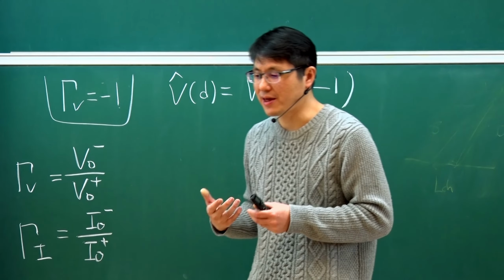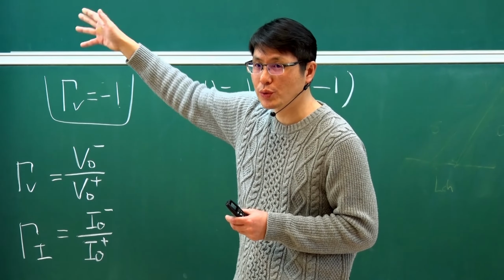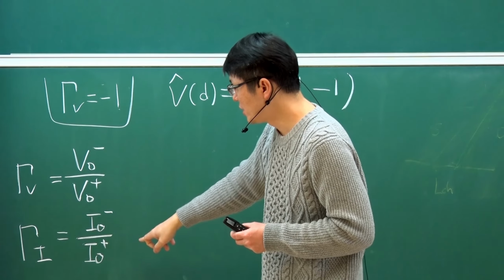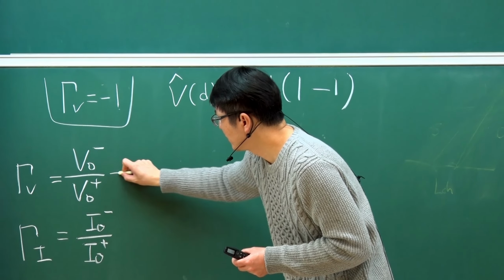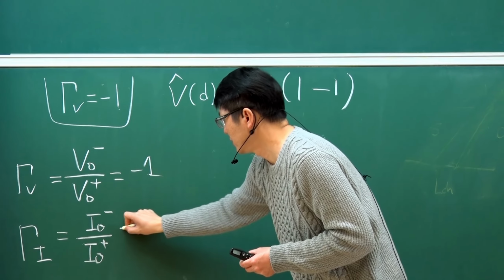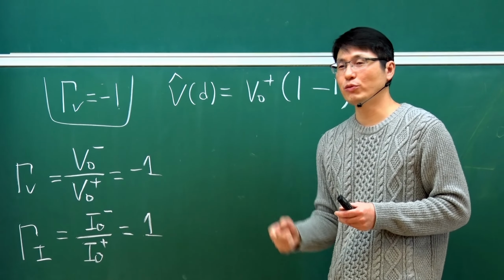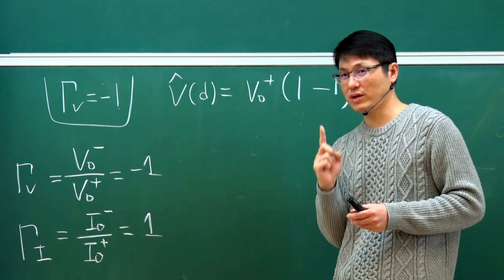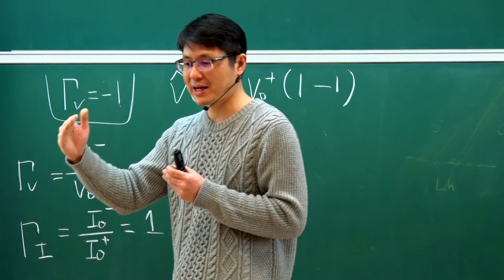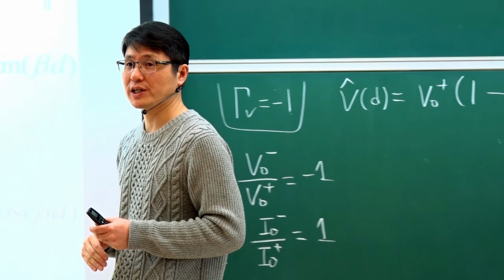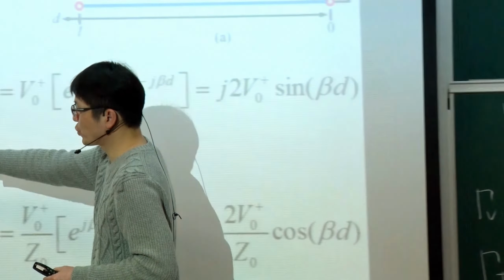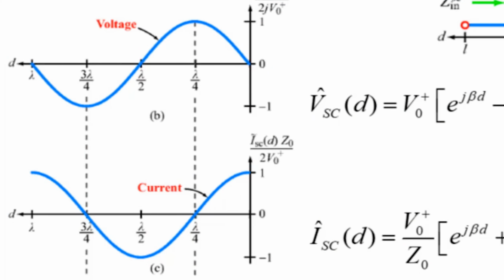You will see that in this case, for the short-circuited transmission line, your gamma V is -1, but gamma I is 1. So you will have the maximum value of current at the short-circuited termination.